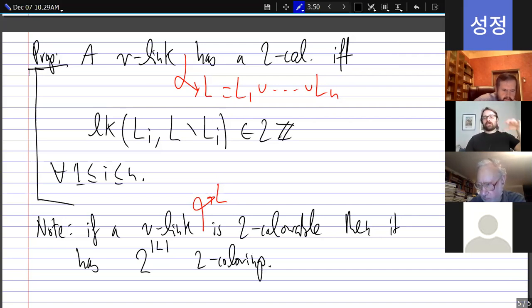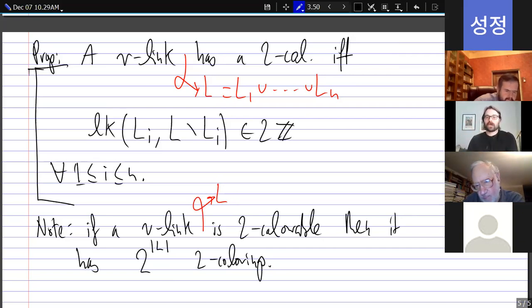Because if you give me one two coloring of it, then I can produce all the others required to make up this 2 to the number of components just by flipping the coloring on one component.